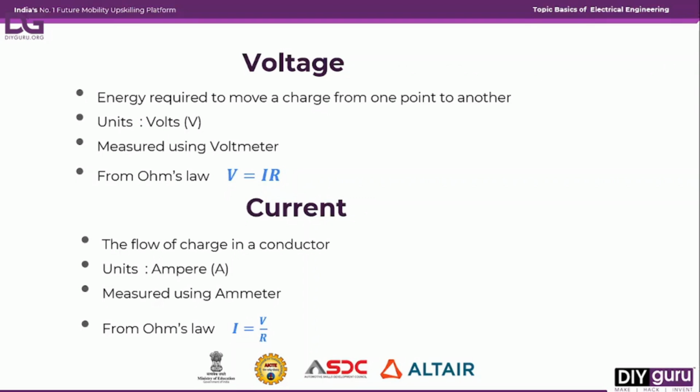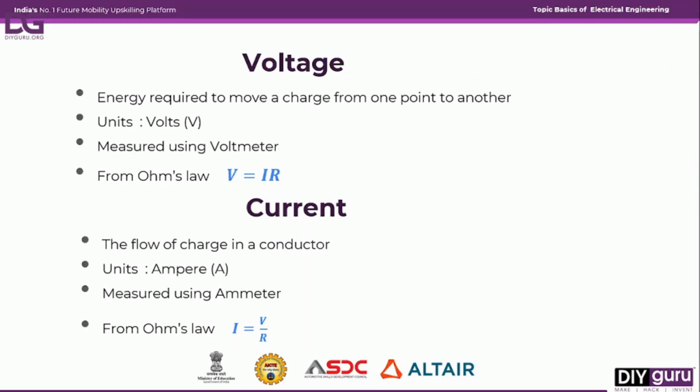The voltage takes that responsibility to move that charge from one place to another. This amount of energy required we call the voltage. The unit is volts, and it is measured using a voltmeter. From Ohm's law, we can easily find the voltage, where V is equal to IR.